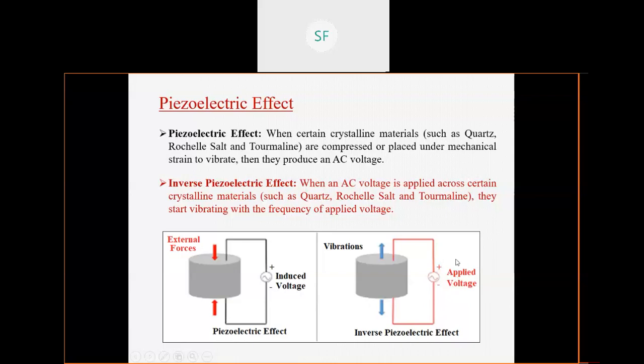So when you give an applied voltage externally, suppose an AC signal is provided here, then this crystal starts oscillating with some frequency. Your crystal starts to oscillate after the application of the AC signal, so this is nothing but inverse piezoelectric effect.